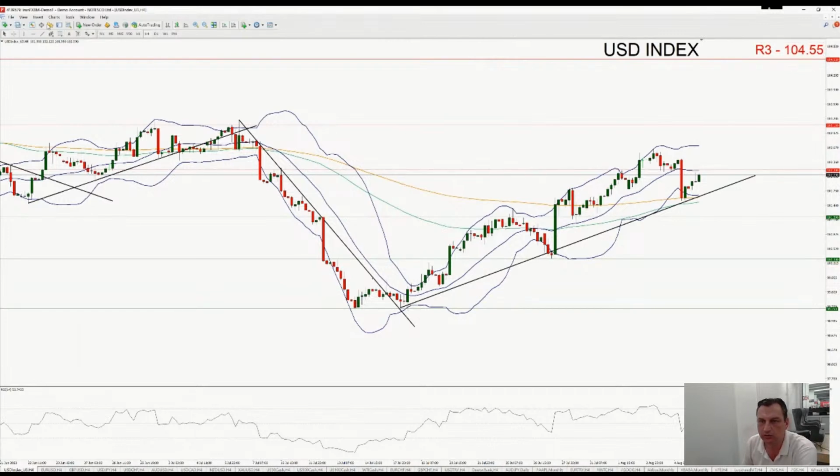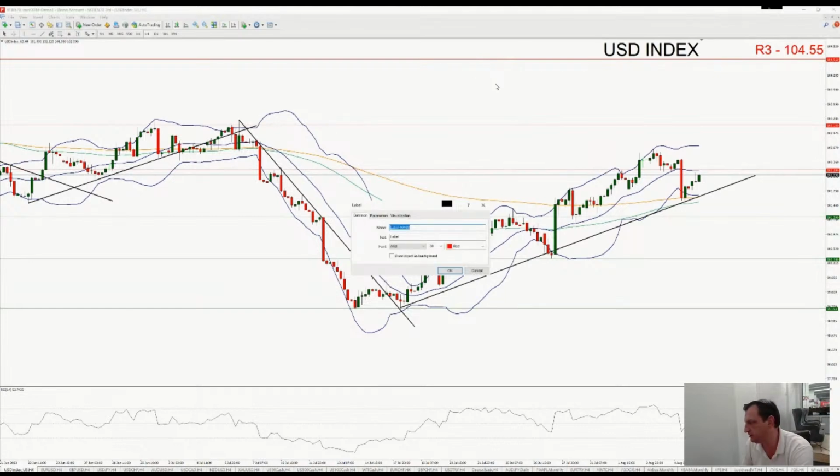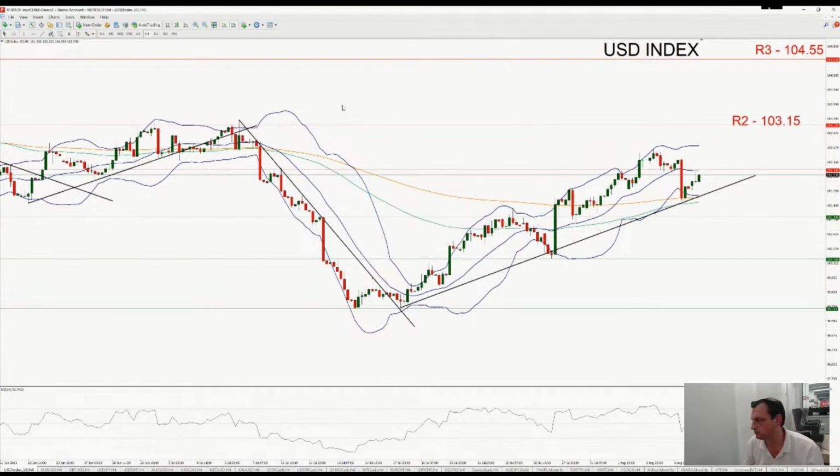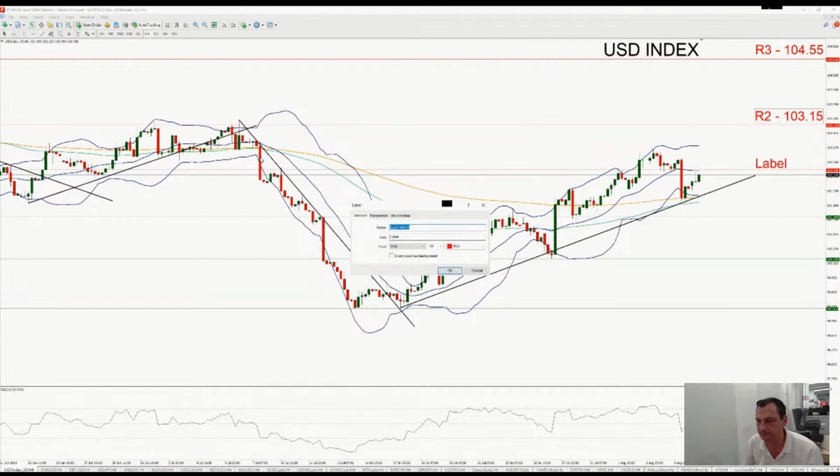Moving now to the second resistance line, which is being placed at 103.15. First resistance line used to be support line. It's now being placed at 102.20.